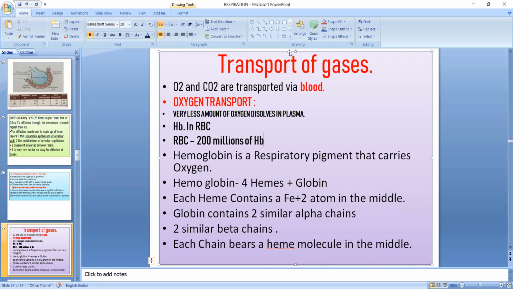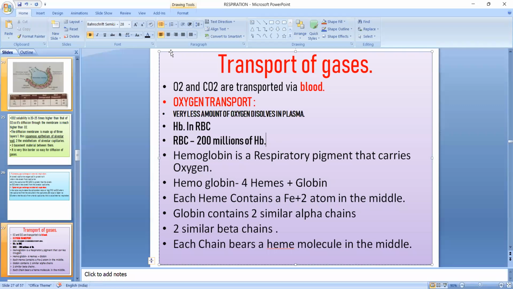RBC is simply a sac, a bag, that is meant for carrying hemoglobin, which is very, very crucial for life.